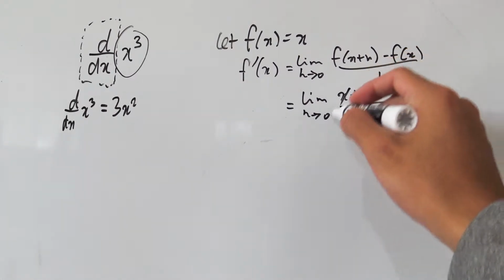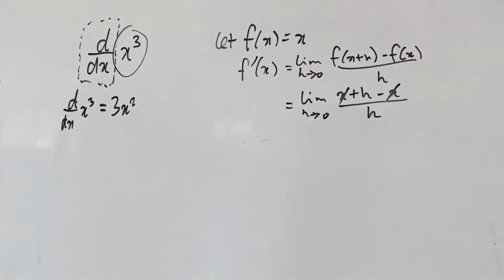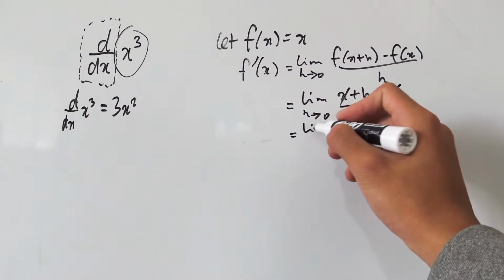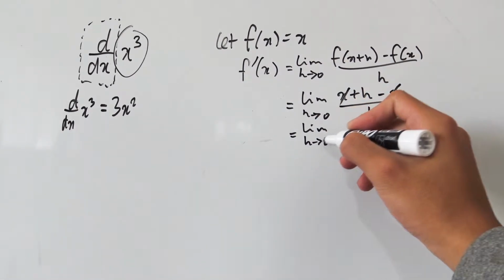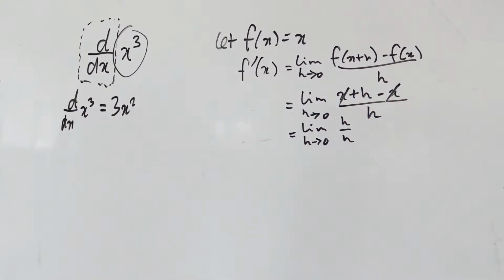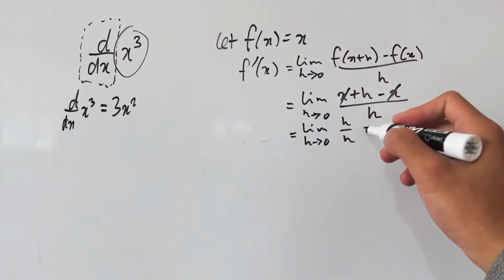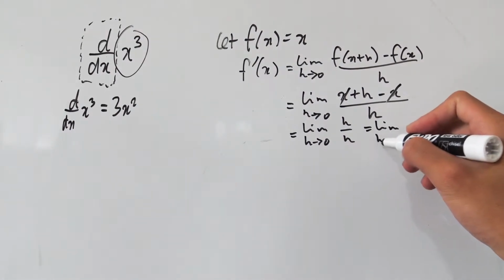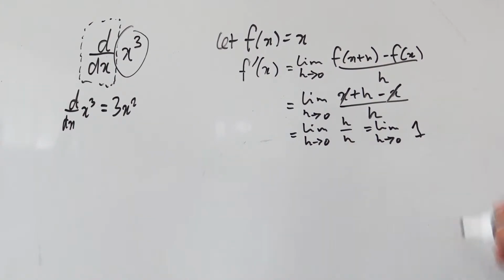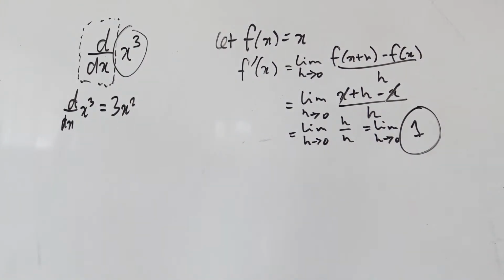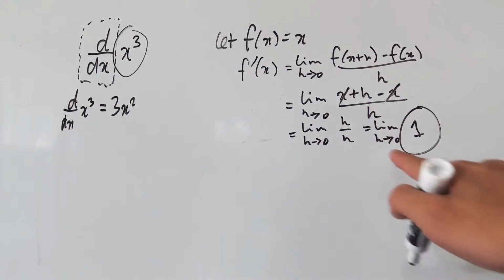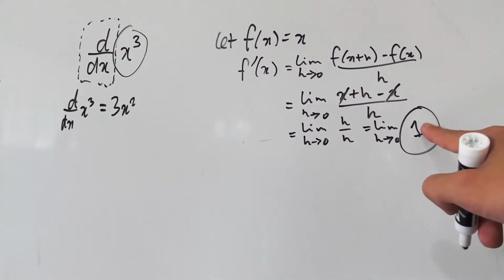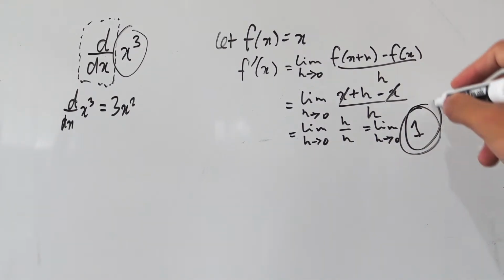Notice that this x and this negative x will cancel, and we're going to have the limit as h approaches 0 of h over h. But notice, h over h is just 1, so we have the limit as h approaches 0 of 1. But in this expression, there's no mention of h, so this limit is redundant because we don't have any h here. We've only got this value of 1.